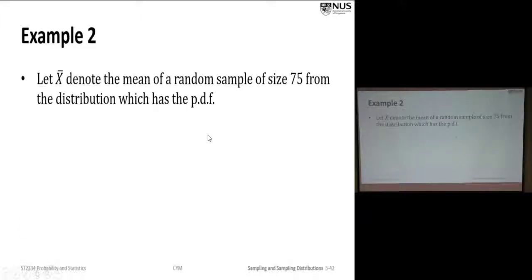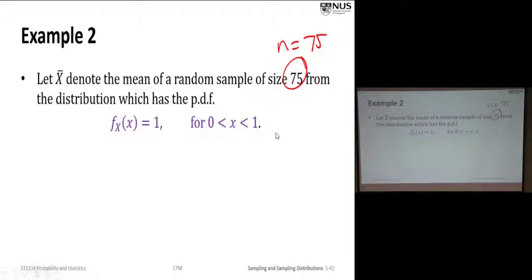All right, here's another example. We have x bar from a sample of size 75, so n equals 75. The population is described by the probability density function f of x equals 1. In fact, this is a uniform distribution. So we consider the population of infinite size, but how this population behaves is described by this PDF.